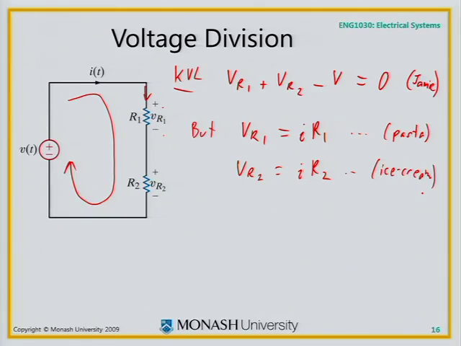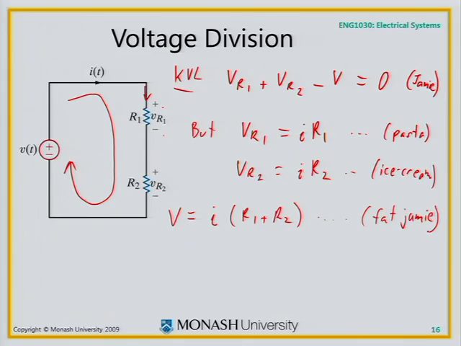I'm going to now put pasta and ice cream into Jamie. I get V equals IR1 plus IR2, or I outside of R1 plus R2. That equation is called Fat Jamie.